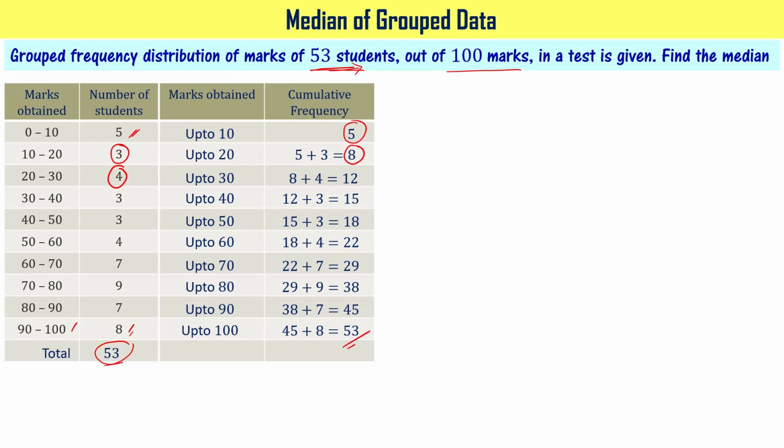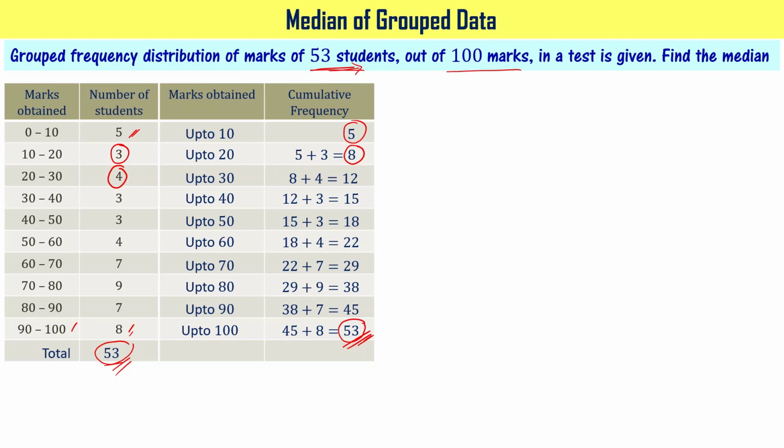This 53 and this 53 are the same, because up to 100 means 0 to 100, so all the class members have to get 0 to 100 marks, right? So the total number of students in the class is going to be equal to the count from 0 to 100. That's why up to 100 is equal to 53, right?